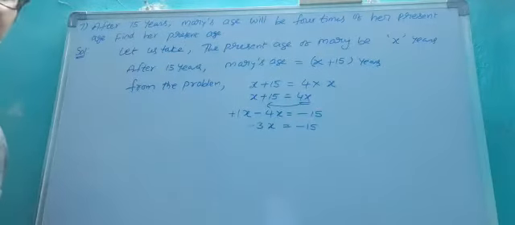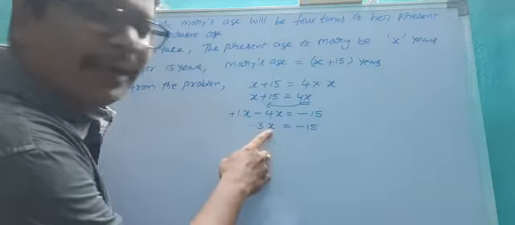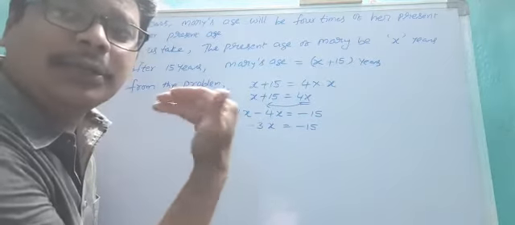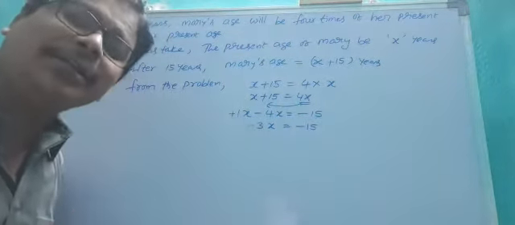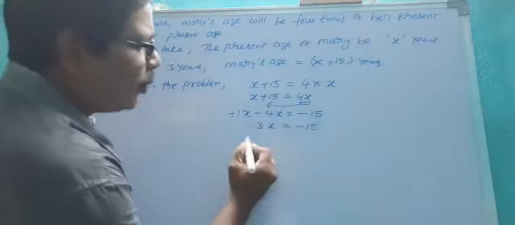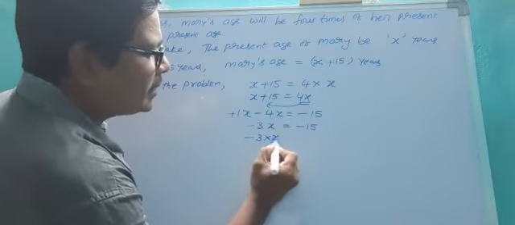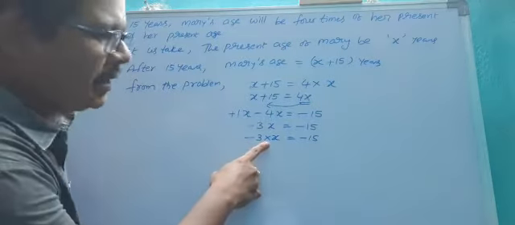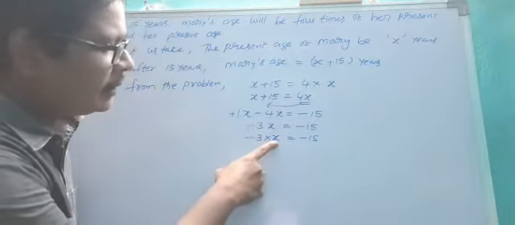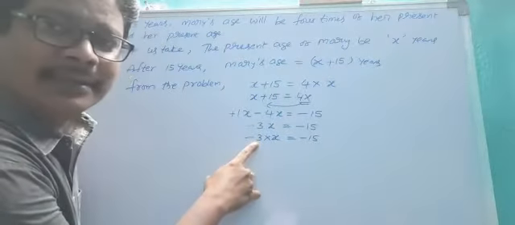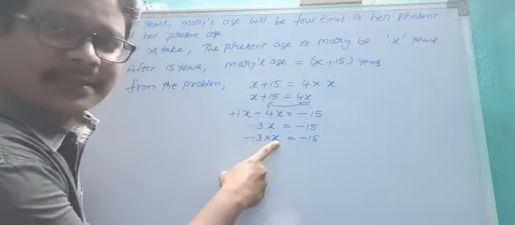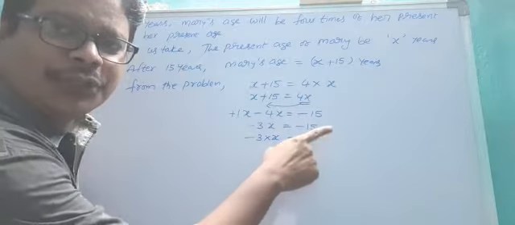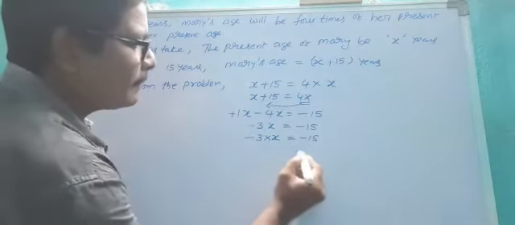Here what is the operation involving x? Minus 3x means minus 3 into x. That means this is a product quantity. So here the operation is product. Minus 3 is a product quantity, and after transposition it becomes division.